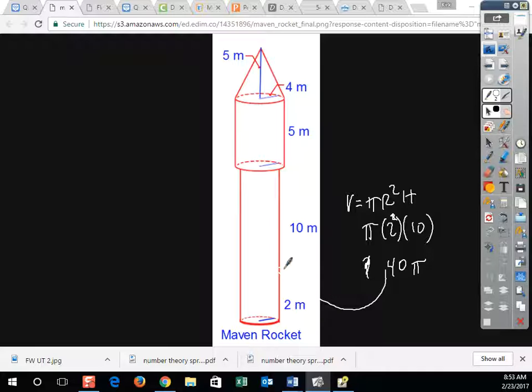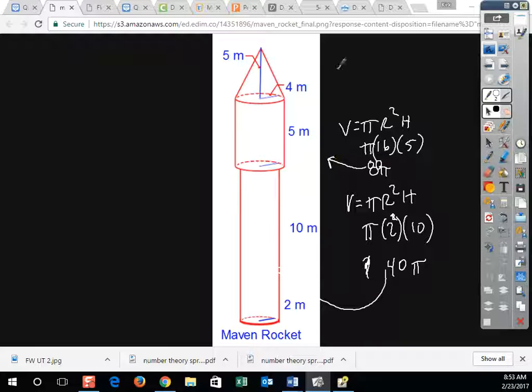And I'm going to keep it in terms of pi. Over here, we have volume is equal to pi r squared h. And the radius is now 4, so we have 16, because 4 times 4 is 16, times a height of 5, times pi. 16 times 5 is 90. No, it's 80. So we have 80 pi.